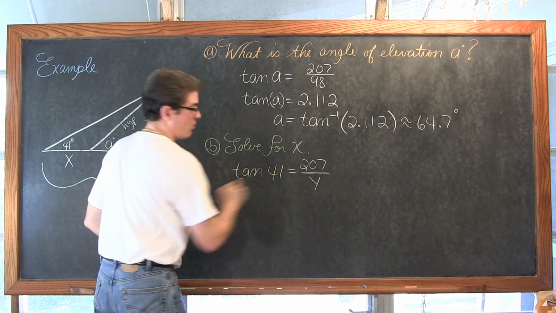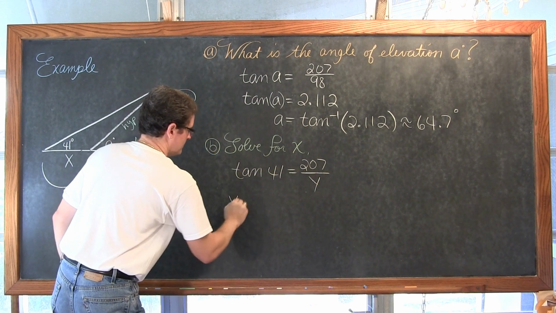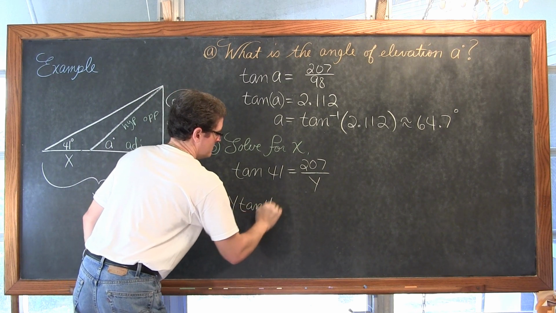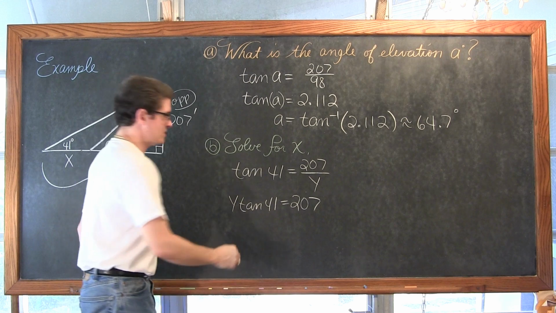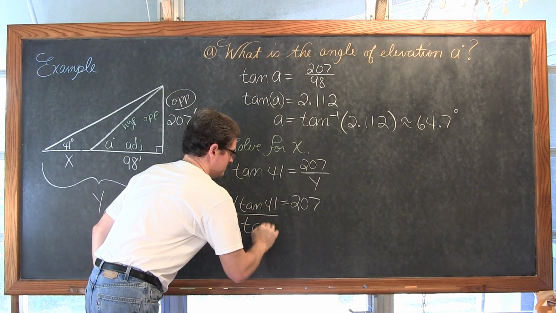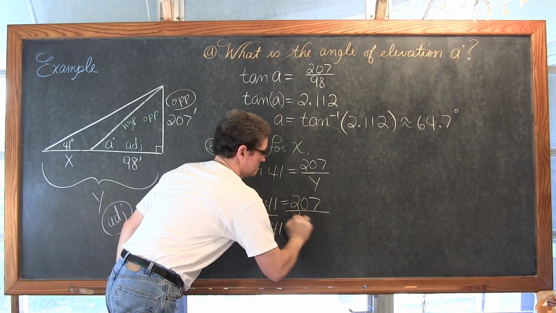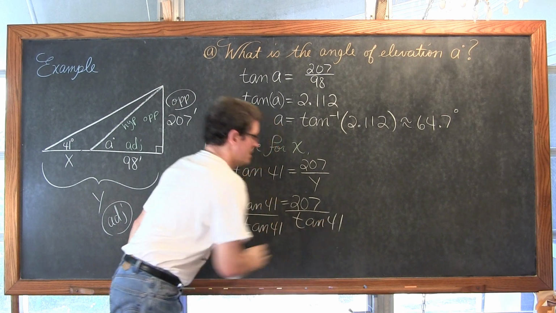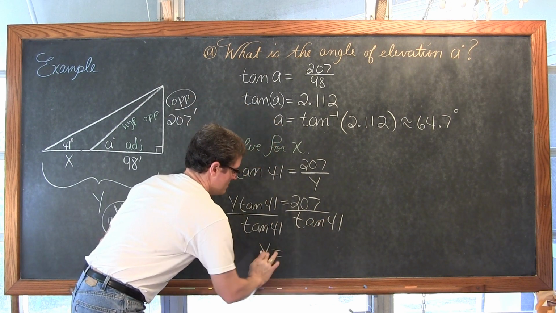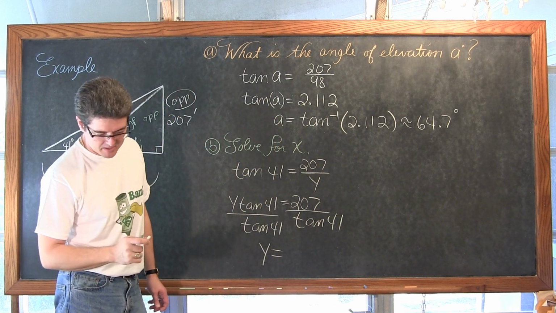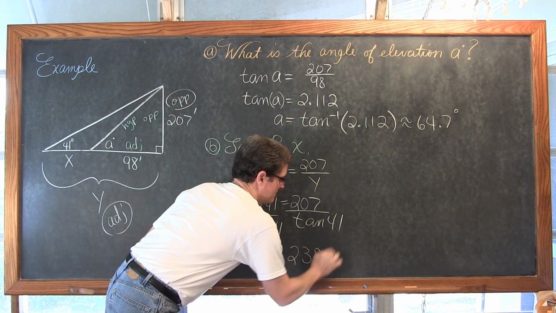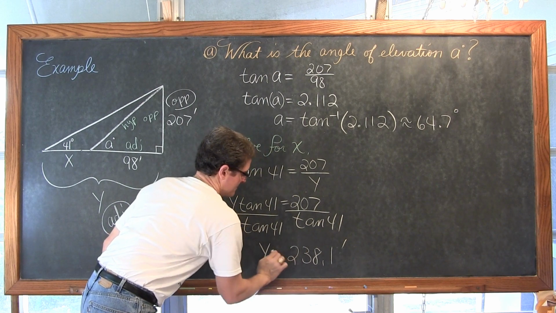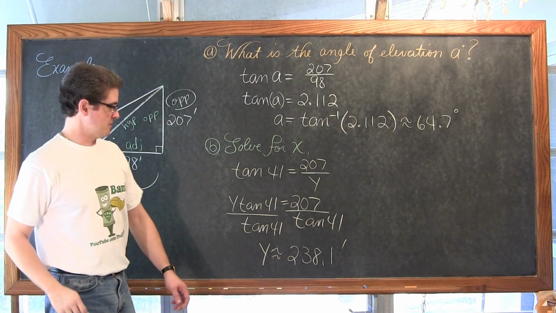Multiply both sides by y to get it out of the denominator again. Divide both sides by the tangent of 41. And y is equal to 207 divided by tangent of 41, which is 238.1 feet. And that again is approximate.